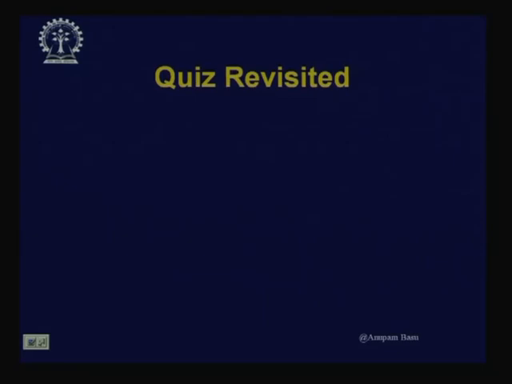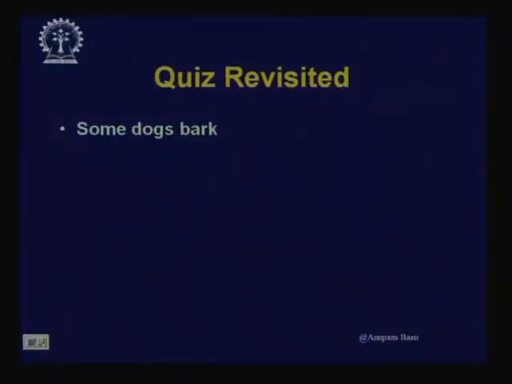Now, in the last quiz that was given to you, with this revision of predicate logic, let us work that out a little bit. The first sentence that we wanted to represent in predicate logic was some dogs bark. You must have tried this, and we can represent it as a first order predicate sentence as there exists x, because it is some, such that dog x and bark x.